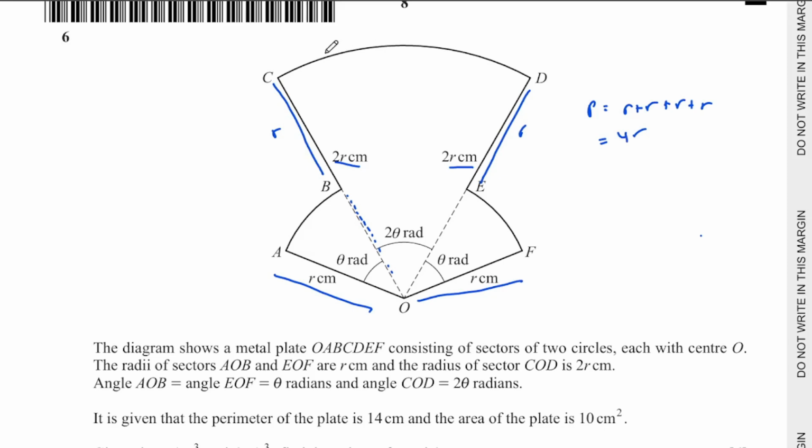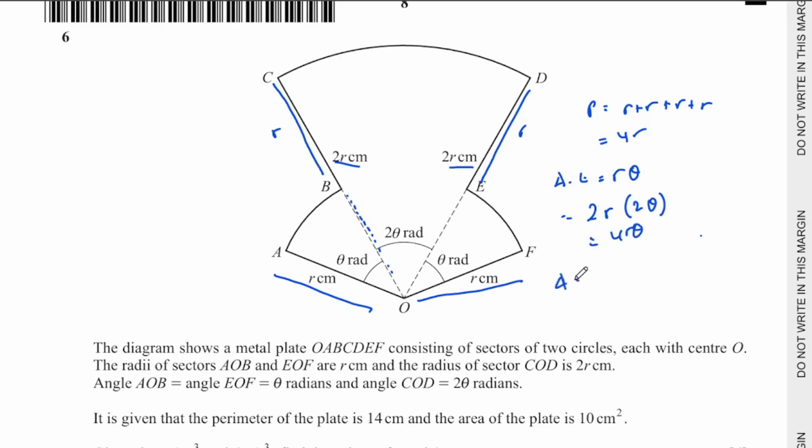And then we want to add this bigger arc length and these 2 smaller arc lengths. So obviously arc length is just r theta, and so for the larger sector, the r is 2r. So 2r times theta, which is 2 theta, which is just 4r theta. That's the arc length of the bigger one.